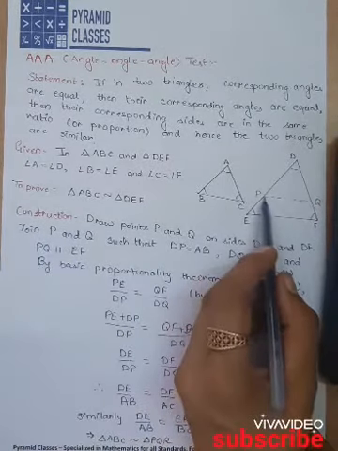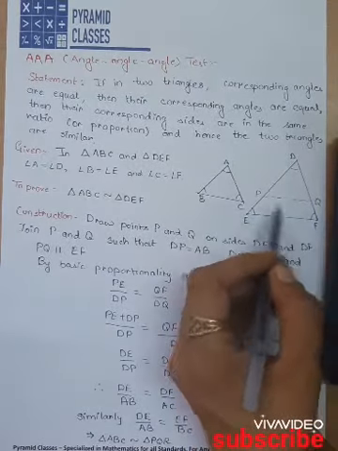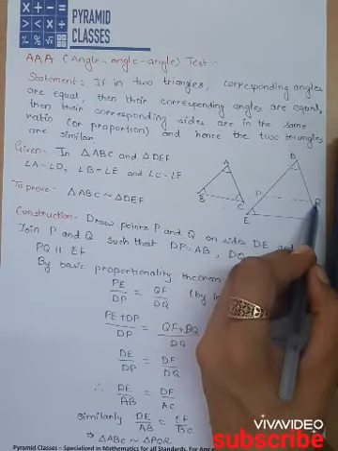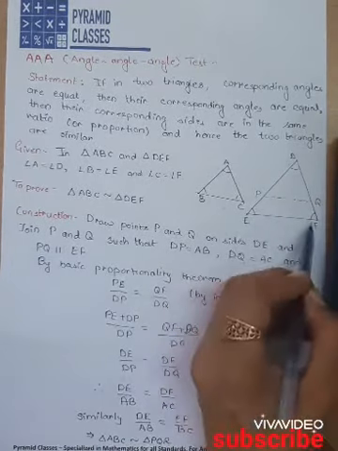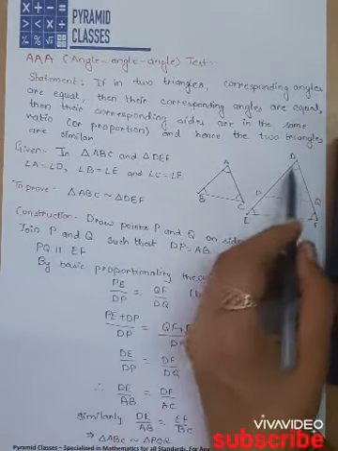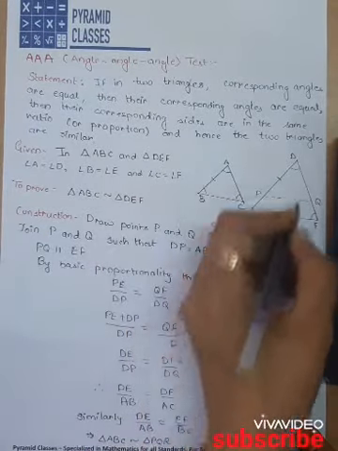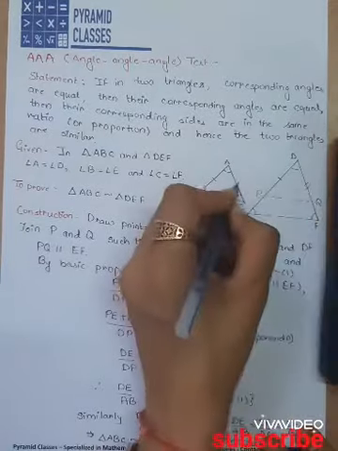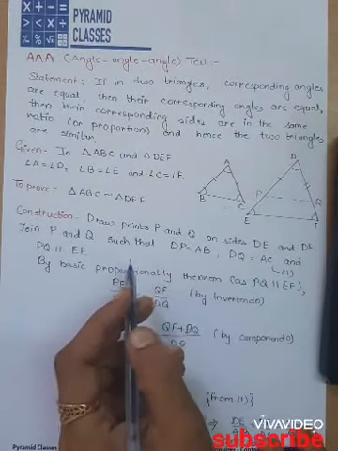We will take a point P on the side DE and a point Q on the side DF, and join P and Q such that the line PQ is parallel to the line EF, with DP equal to AB and DQ equal to AC.